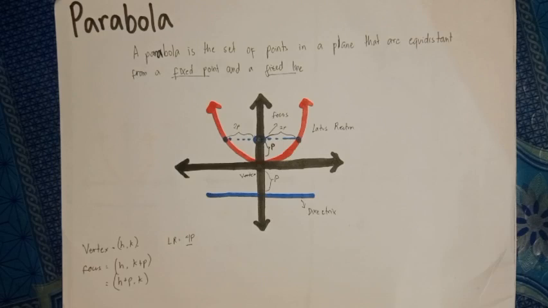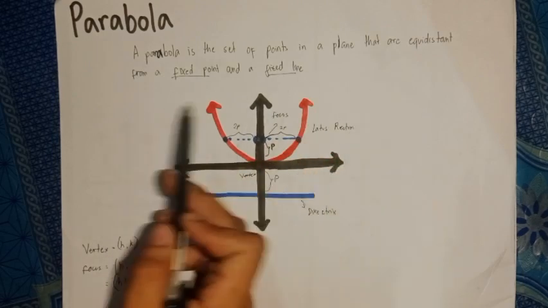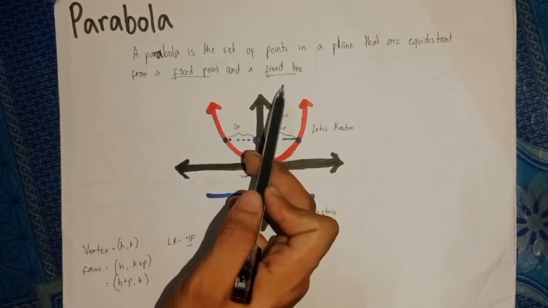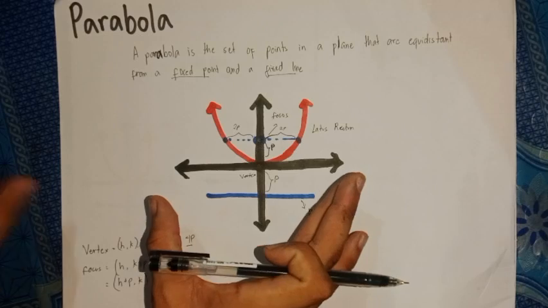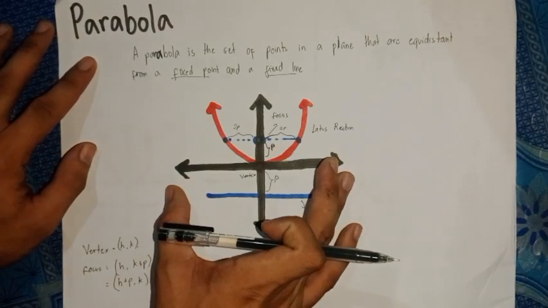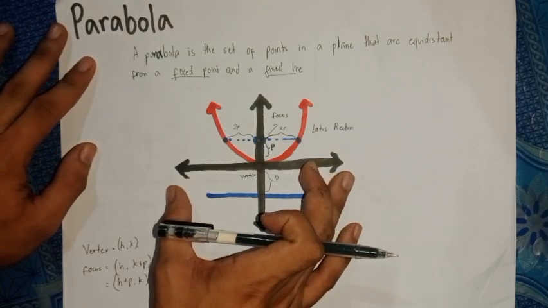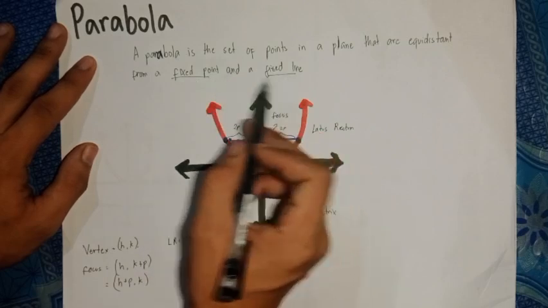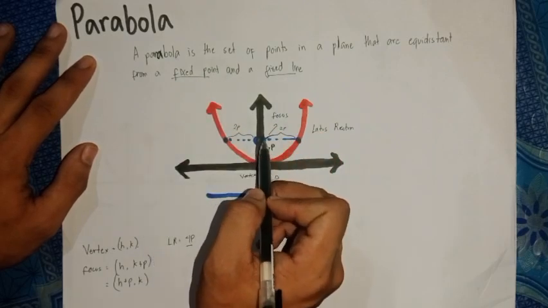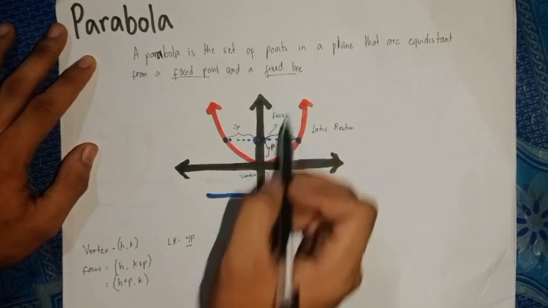The parabola is the set of points in a plane that are equidistant from a fixed point and a fixed line. Now, let's look at this figure. Based on the definition of parabola, the fixed point is our focus and the fixed line is our directrix.